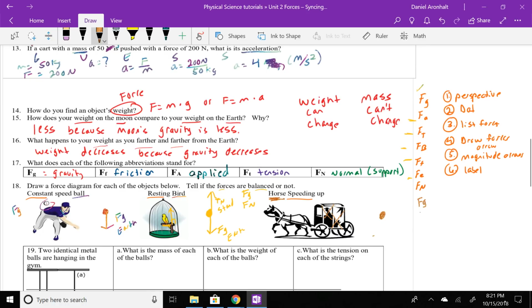No, so there's some kind of support, F sub N. Is there a rope or some kind of thing on the horse? Yeah, there's these halters, and there's a lead rope there, so F sub T. Is it floating? No, so there's no buoyancy. Is the horse moving? Yes, there's friction. And then, is there a spring of some kind on there? No.